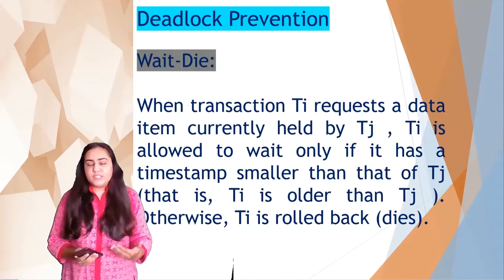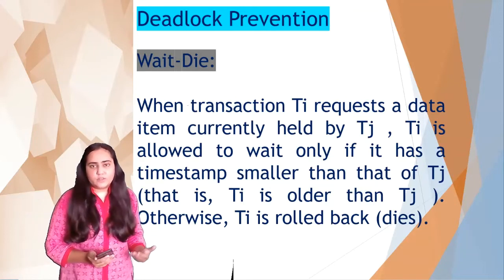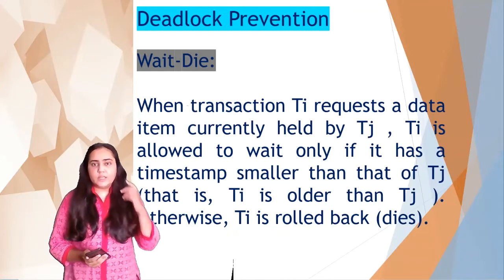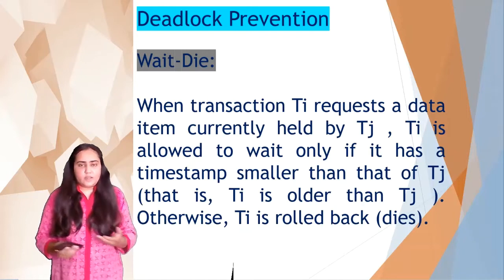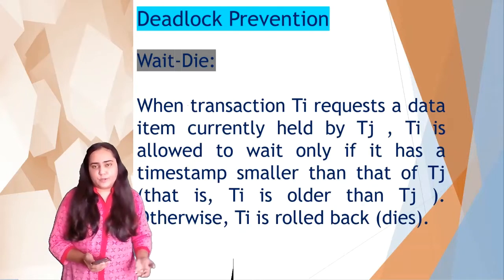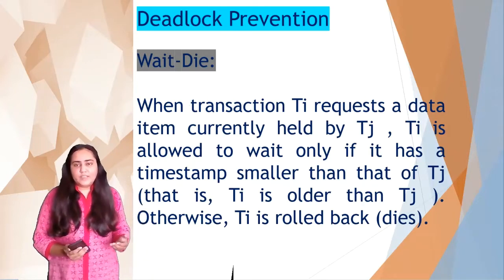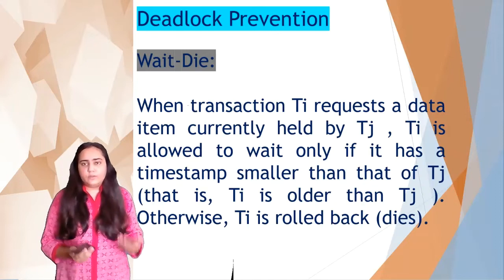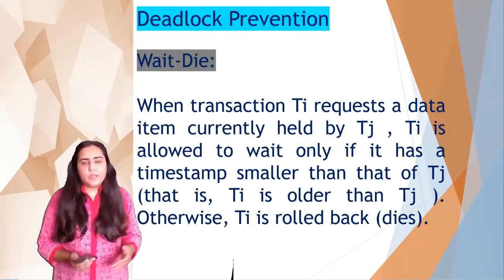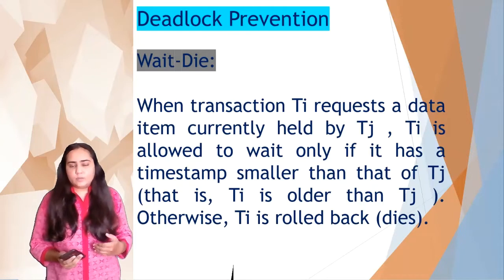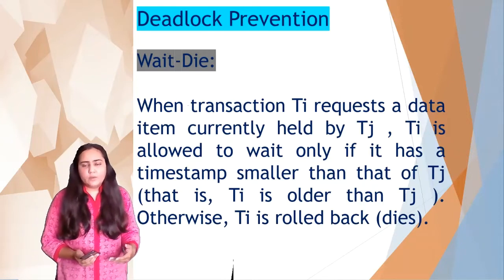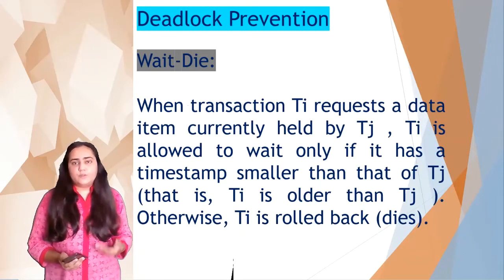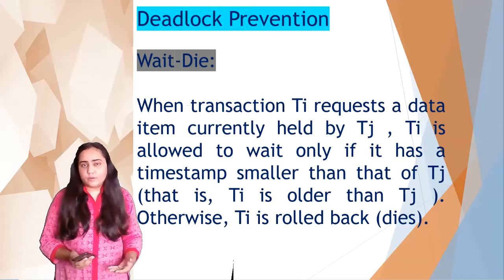A transaction that enters the system first always has a timestamp that is less than another transaction that enters afterwards. So Ti can wait for Tj to finish only if it is older than Tj, and otherwise Ti will simply be rolled back, which means it is aborted in order to prevent a deadlock from occurring.